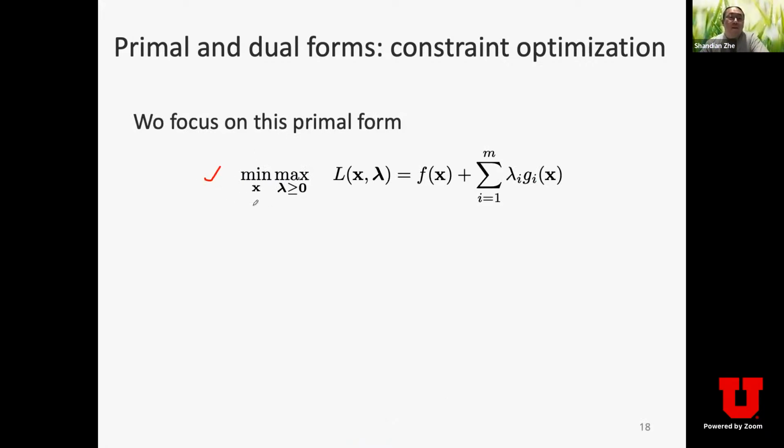Okay. So now we define this equivalent minimax optimization problem as the primal form. Someone asked, does this order matter? We first do maximization inside, then do the minimization outside. What if we change the order of max and min, but we don't change the objective function? We still want to optimize this Lagrange function, but now, at the inner level, we minimize with respect to x, and at the outer level maximize with respect to non-negative lambda.